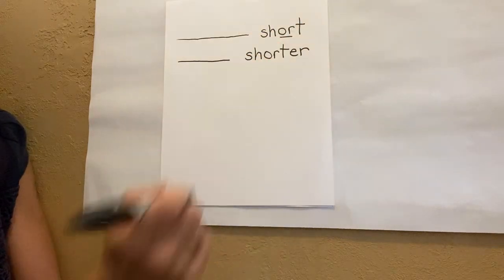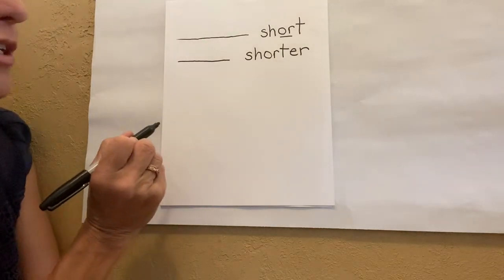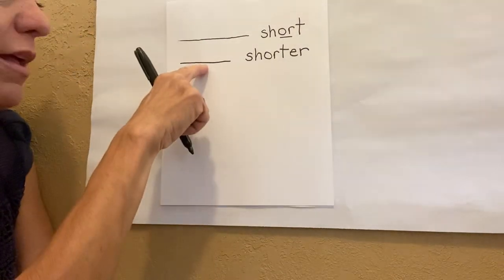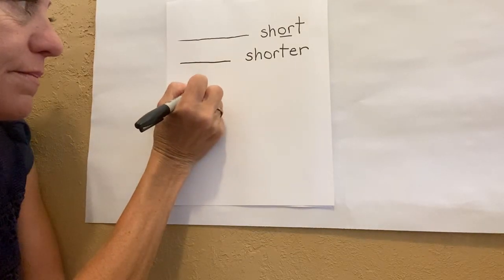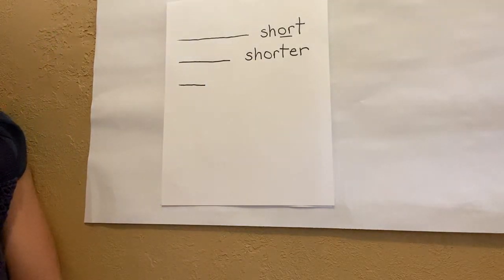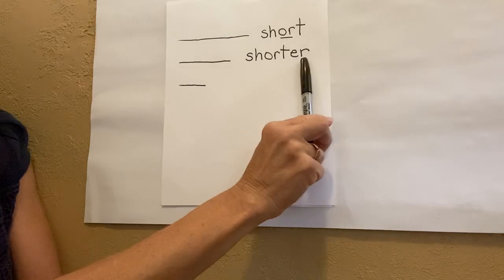Short and shorter. We're going to make a third line. I want this one to be even shorter than this one. If I compare all 3 lines, this one was short, but this one was shorter.